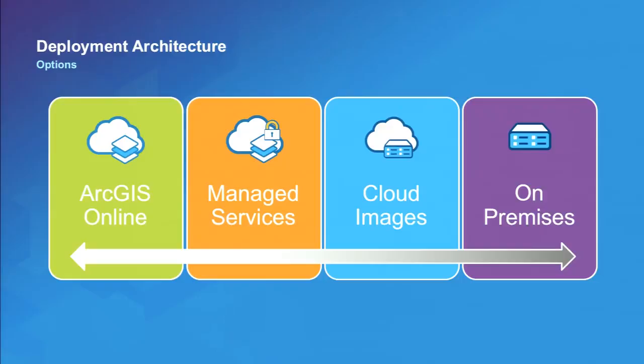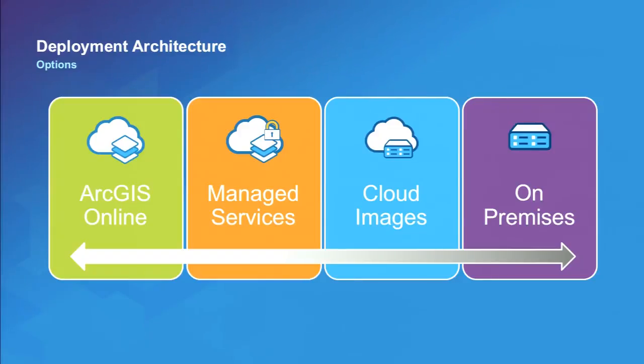I have here some other capabilities and services available from our organization that get combined with ArcGIS Online. The orange one there, managed services, is also known as Esri Managed Cloud Services. That is an offering that even has a FedRAMP accreditation. We'll talk about that.